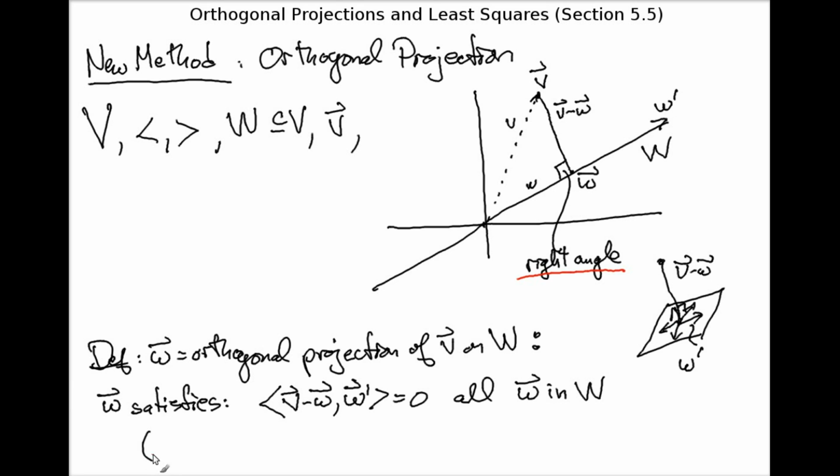And of course, if you think about it, it's enough to check this for W prime running in a basis of the subspace W. By the way, any basis of W, doesn't have to be an orthonormal or orthogonal basis or anything. As long as it's a basis of W, then you're in good shape.